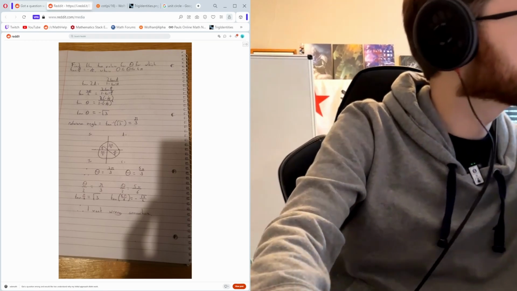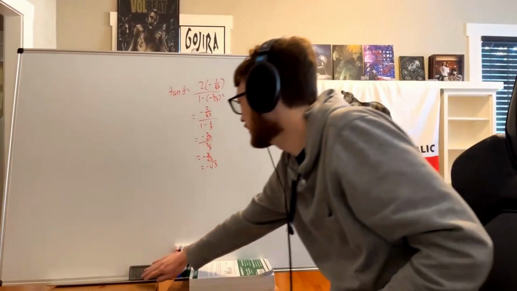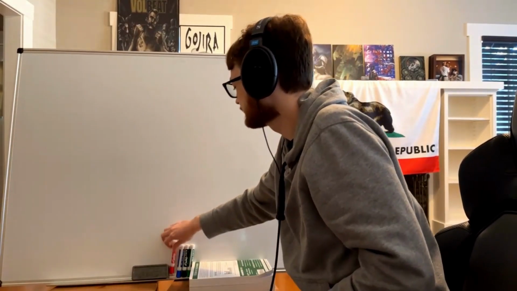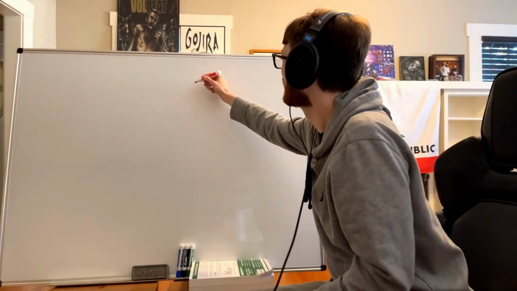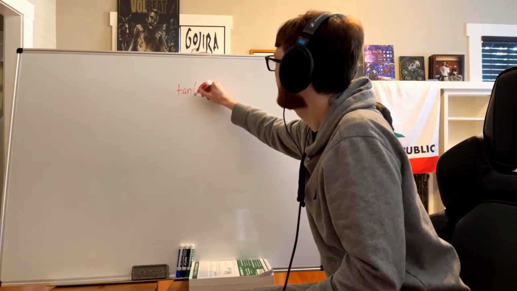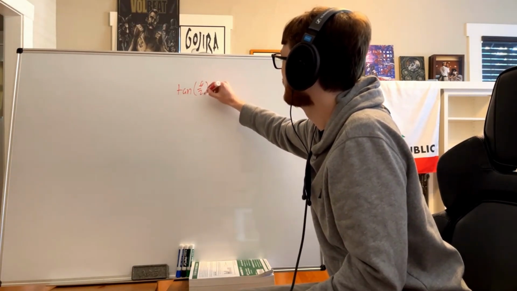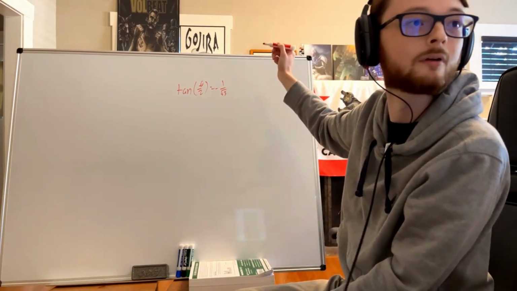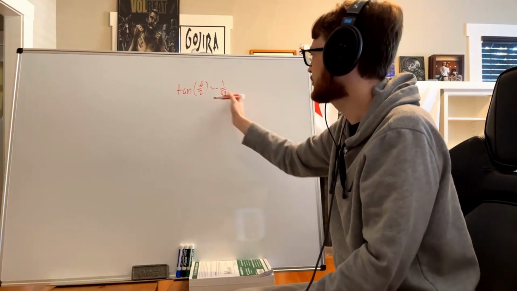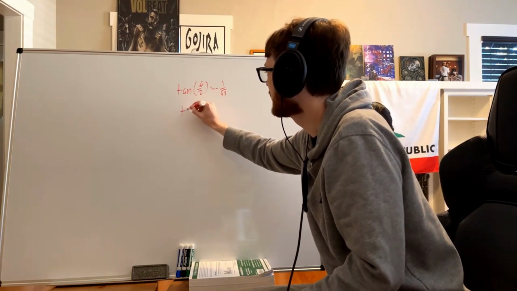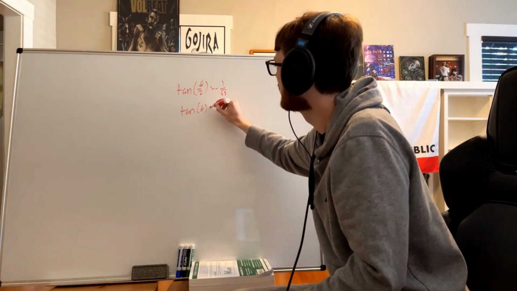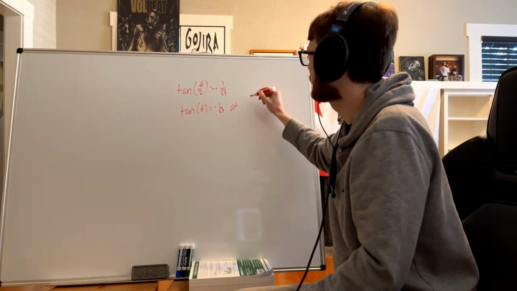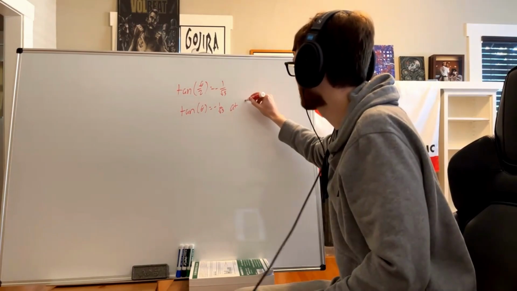But how I would do this is just, instead of messing around with all that stuff, tangent of theta over 2 is equal to minus 1 over root 3. Just look where tangent is equal to minus 1 over root 3. I said 5 pi over 6, 11 pi over 6.